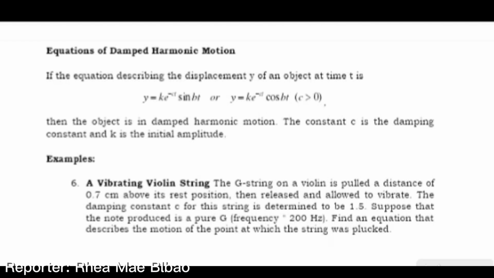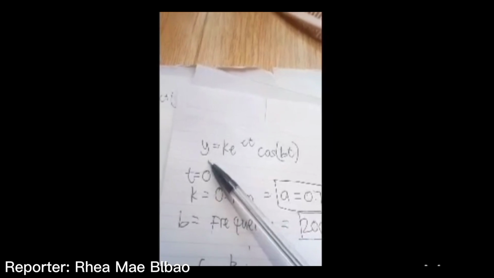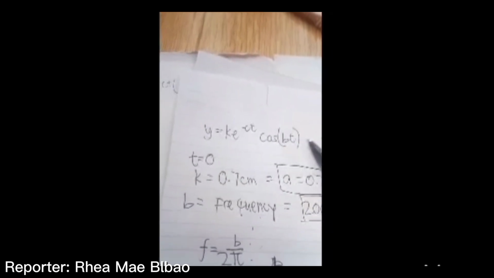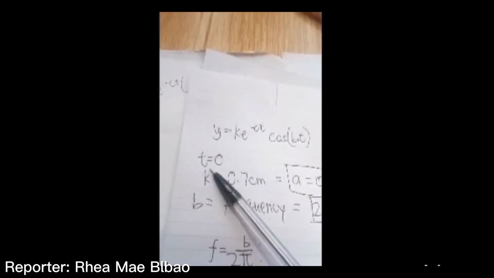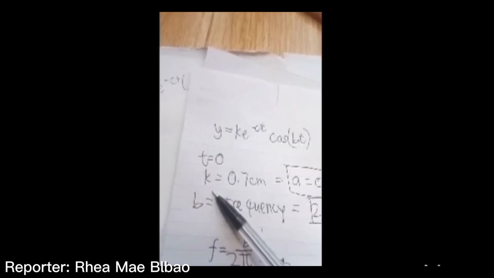So, what we will find is an equation that describes the motion. The formula we will use is y equals k e to the minus ct cos bt. Okay? So t, which is time, is given as 0. The k, which is the initial amplitude, is given as 0.7 cm.